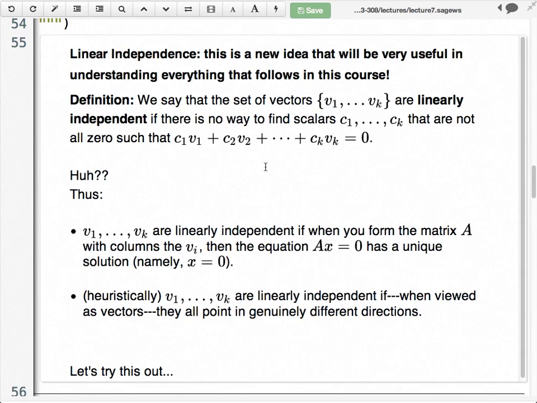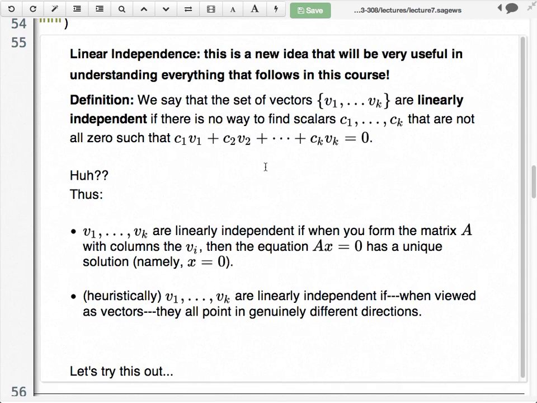I hear a lot of no's. Is anybody really confident in your no? Well, everyone who said no is right. These two vectors are not linearly independent. Circle them in red. They're not linearly independent.